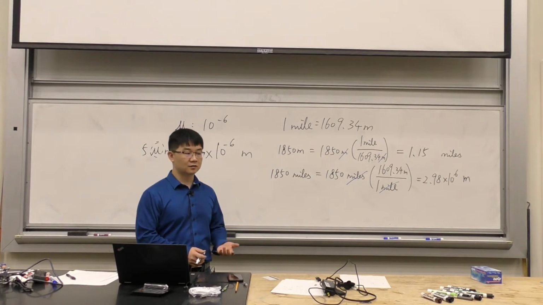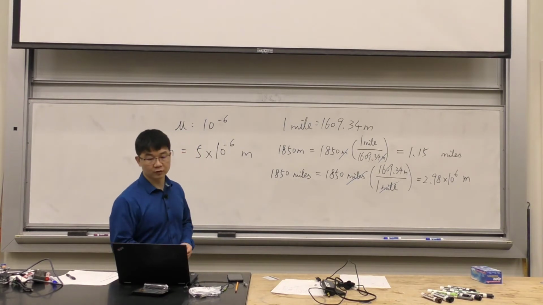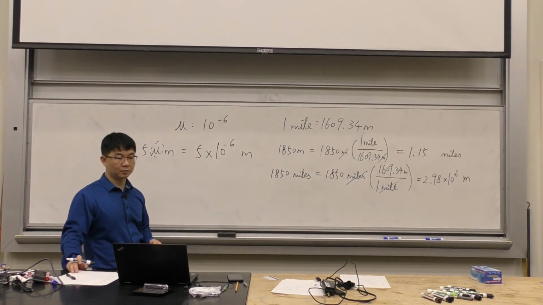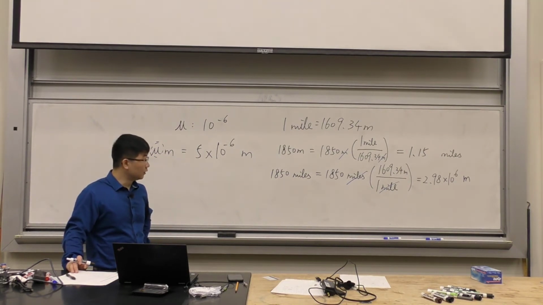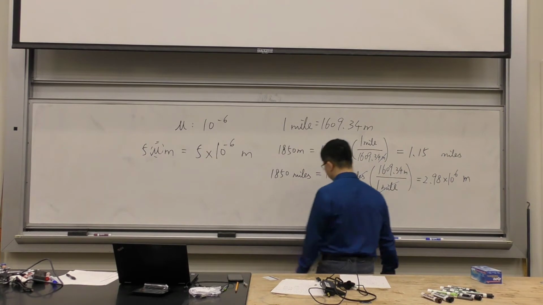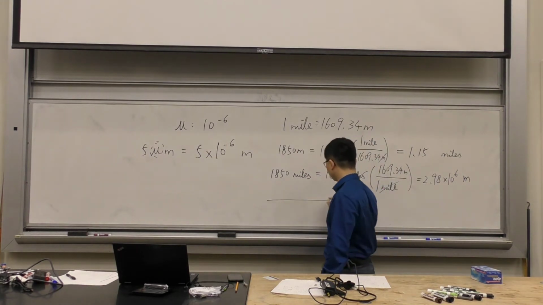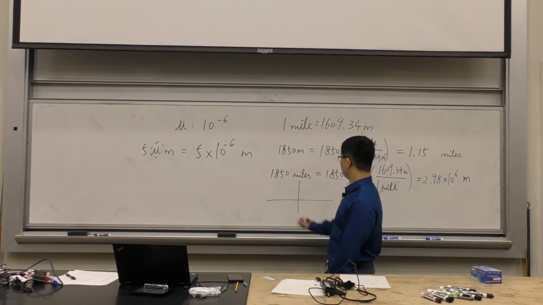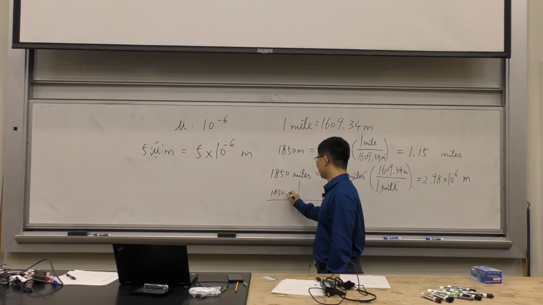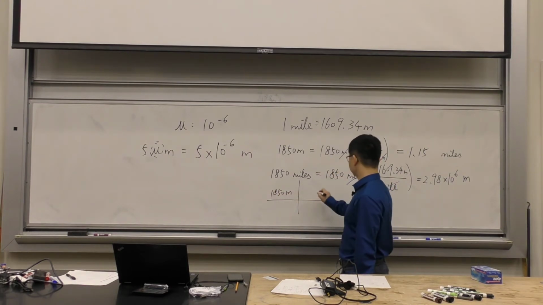It's about understanding the laws and applying these laws in a real life problem. That's what we're learning in physics. Some people learn to do it in this way. They will draw like this, and then put 1850, but that's the same idea.